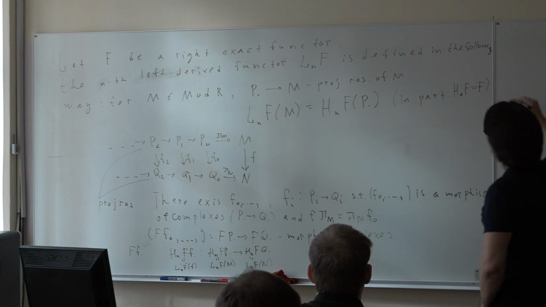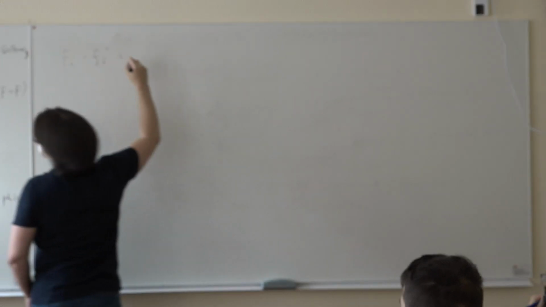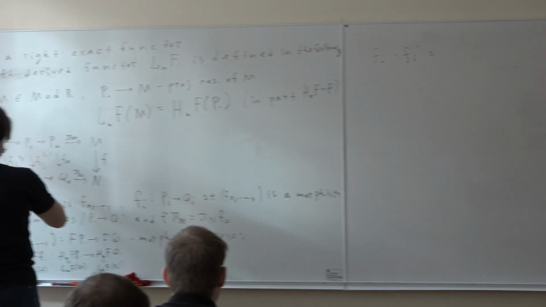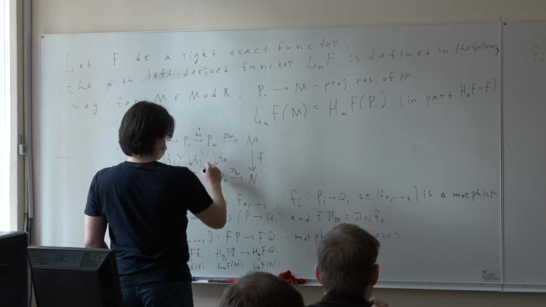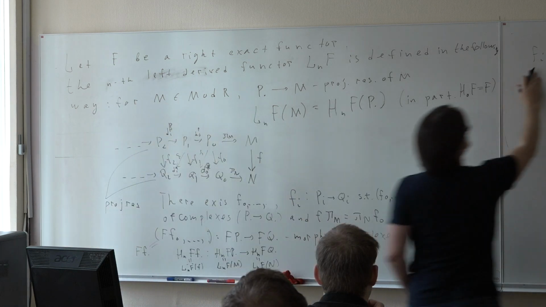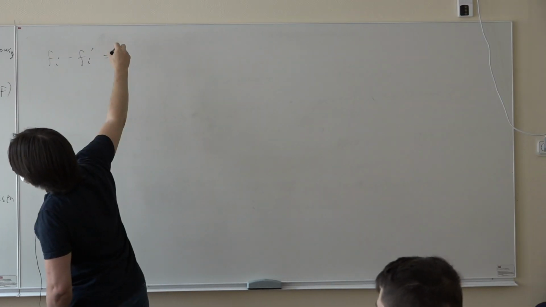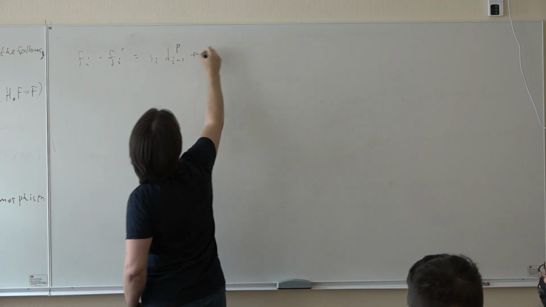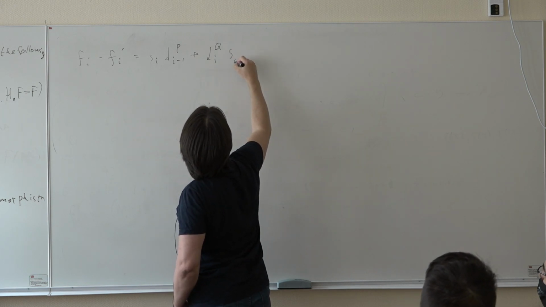Because homotopy is something like this: fi minus fi prime equals si d_i minus 1 P plus d_i Q s_i plus 1.